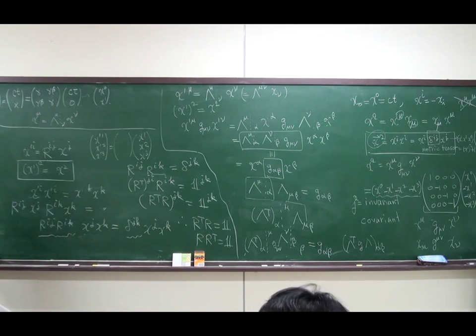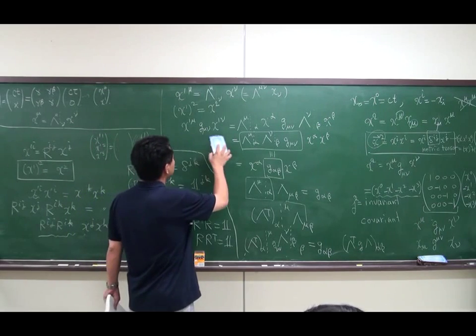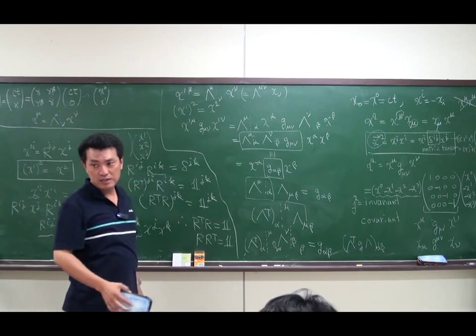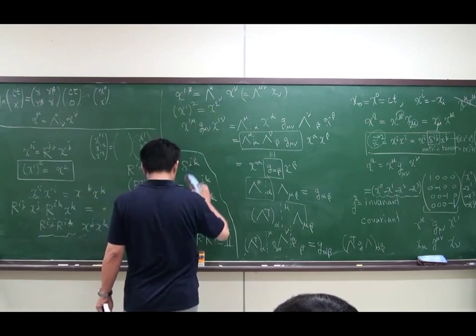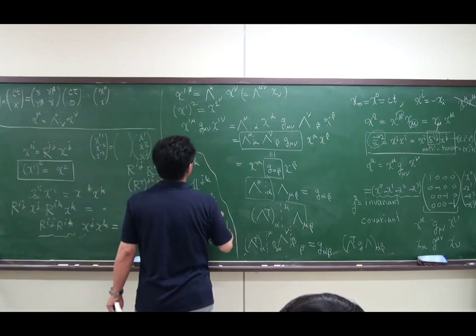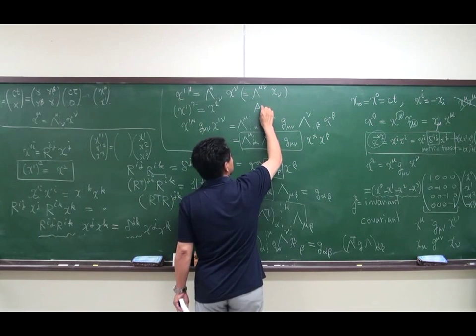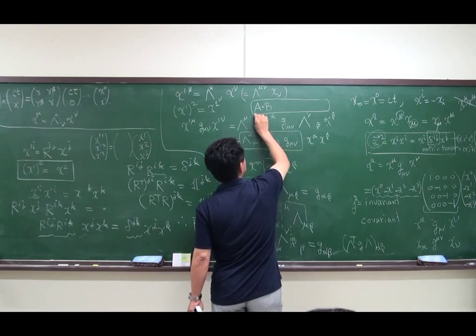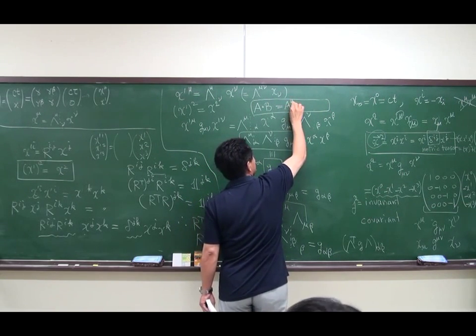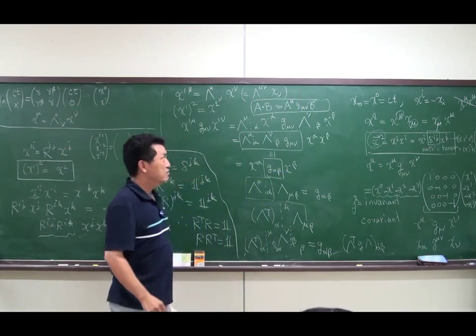This is the relationship for the four displacement. But what happens to the 4 vector? Because a 4 vector is the same as the displacement as far as the Lorentz transformation is concerned. Whether this is x or not, for example, I want to define scalar product A dot B to be A mu G mu nu B nu, where A and B are 4 vectors.